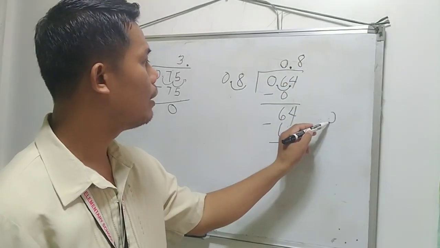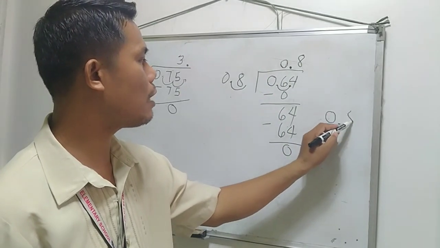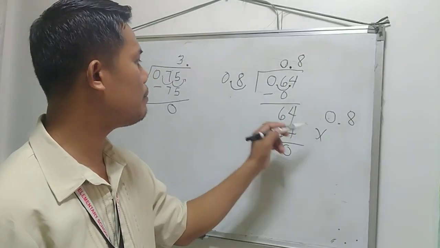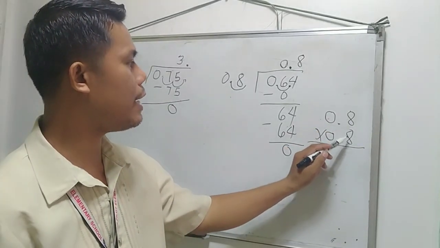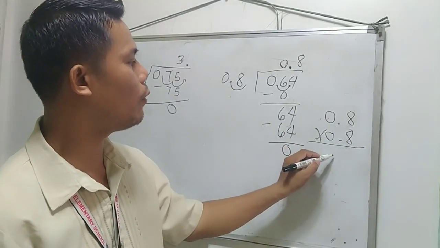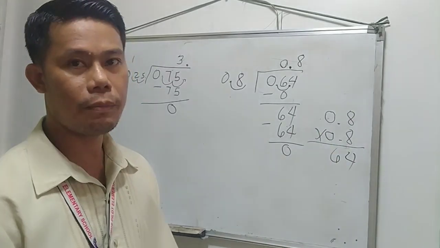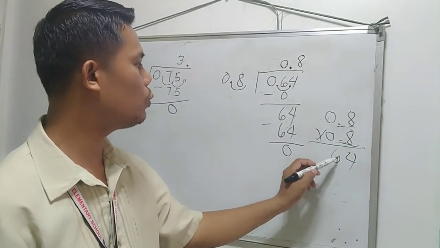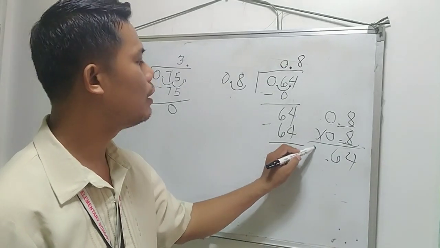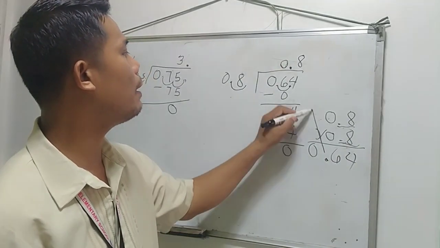Now we are going to check if our answer is correct. So we have our quotient, 8 tenths, times 8 tenths. So we have 8 times 8 equals 64. How many decimal places? We have 1, 2. So 2 decimal places, we have 0.64. So balik ulit.